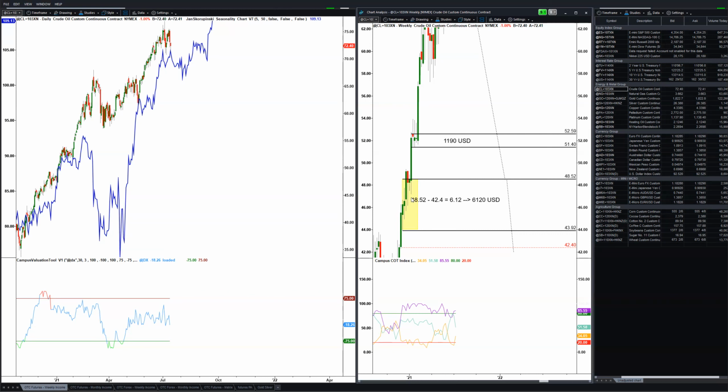And not go through the fixed risk, because that's difficult to accomplish with futures, especially now with weekly and monthly income.